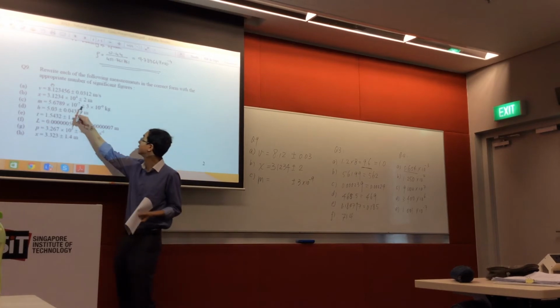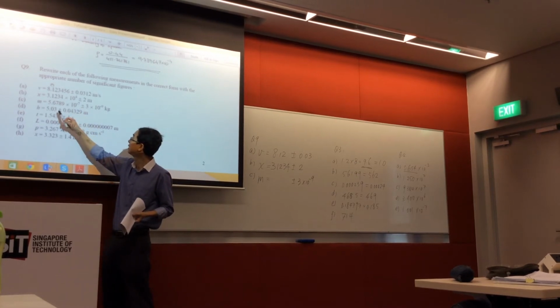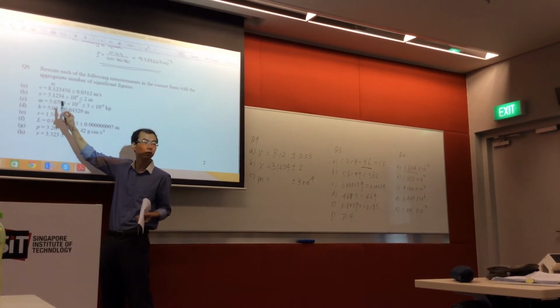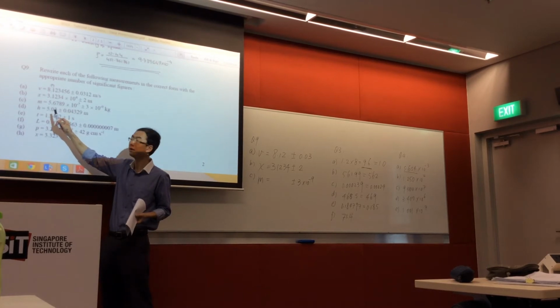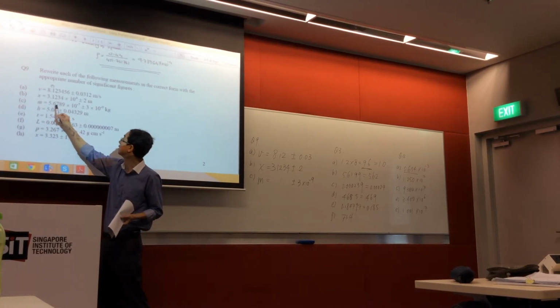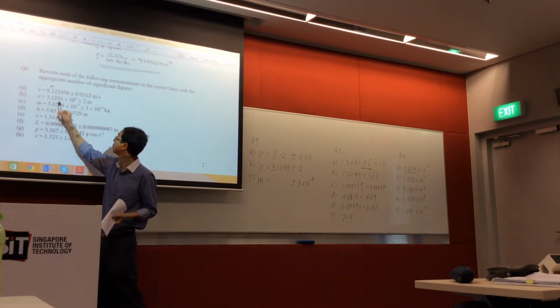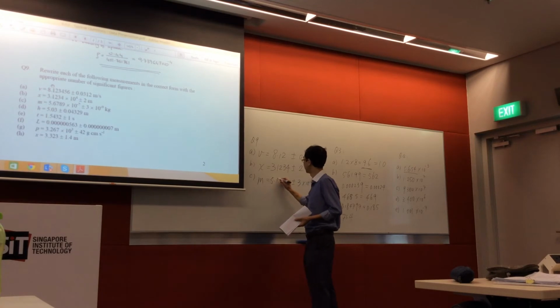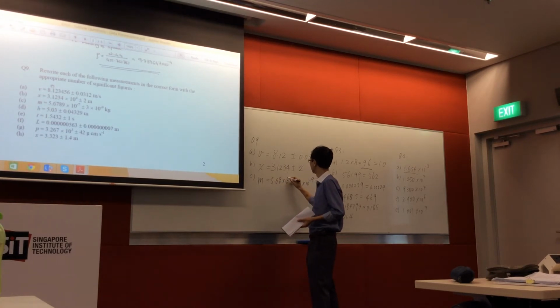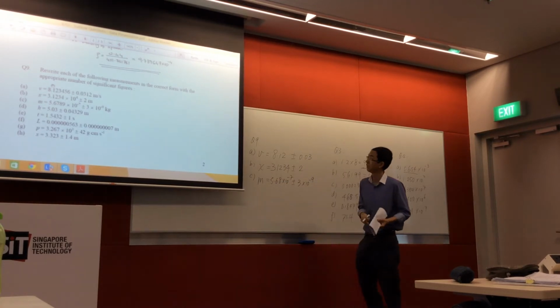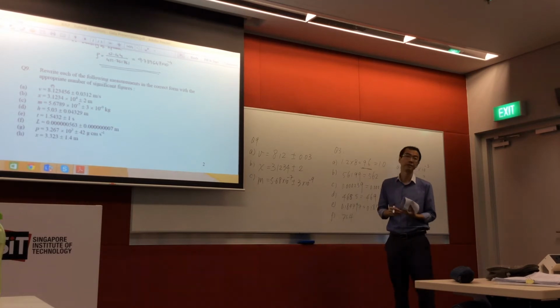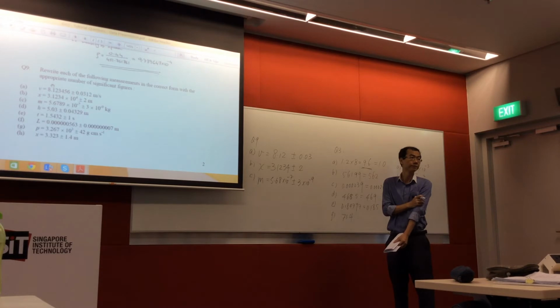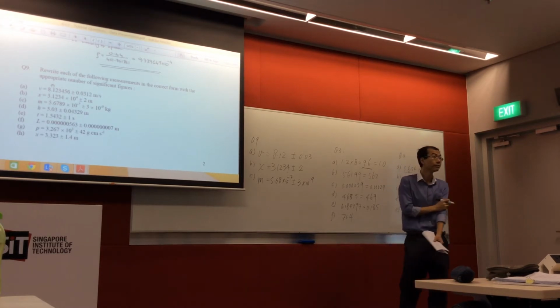Up to which position? Here you have -7, so where is your -9? This is -8, this is -9, so you can only go up to here. So it will be 5.68 times 10 to the power -7.